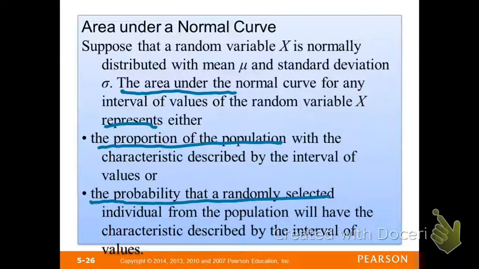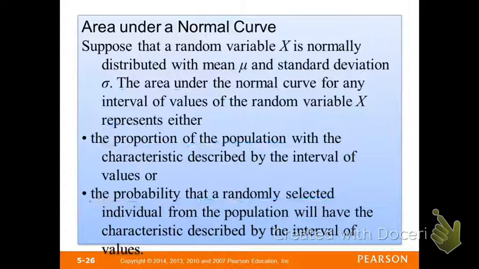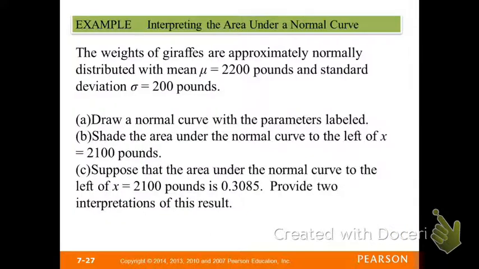If we go back to IQ, the probability that a randomly selected person from the population will have an IQ between 100 and 115 is 0.34. Okay, 34% of the population we expect to have that characteristic, which means the probability that a randomly selected individual from the population will have that characteristic is also going to be the same thing.